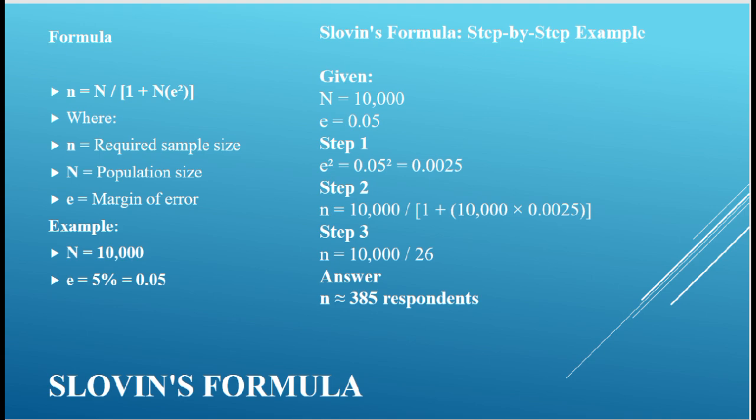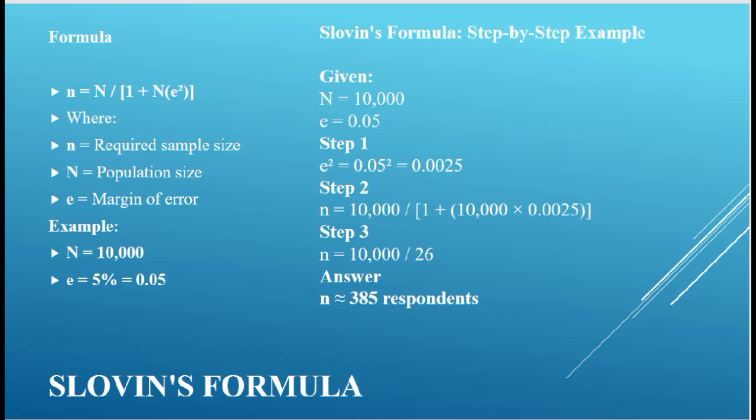For example, if our population is 10,000 and we want a 5% margin of error, then we convert 5% into decimal form, which is 0.05. One important point for a student is that e must be squared in the formula. Therefore, 0.05 becomes 0.0025. Now let's calculate this example step by step.